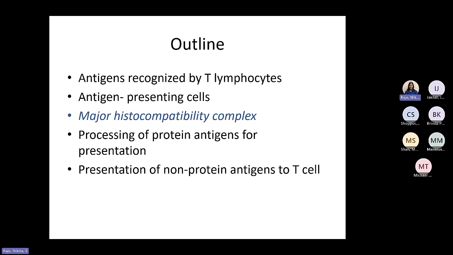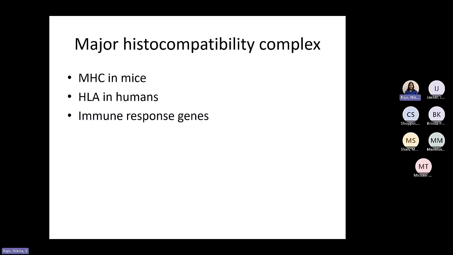All right, so we talked about antigen-presenting cells. Now we move on to talking about MHC, major histocompatibility complex. So these complexes were called MHC in mice. Same genes that are called MHC have also a couple of other names, such as HLA and immune response genes. If you think about it, these genes were discovered because of transplantation.